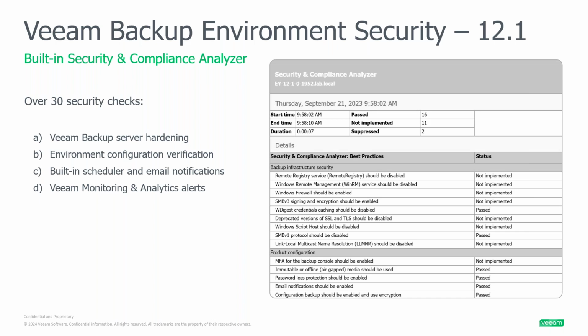And all the information that you see here is part of the Veeam monitoring and analytics alerts. So this could always be sent to your syslog service, to email, or even to your SIEM, depending on your requirements. And we want to make sure that your backup infrastructure is in the best of health, so that you do not have any situations where a threat actor decides to compromise your environment.